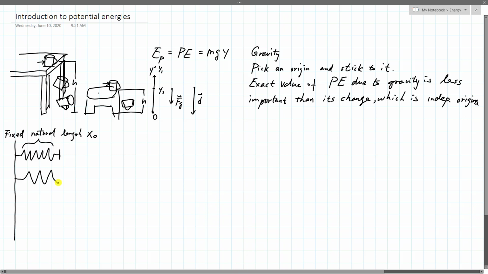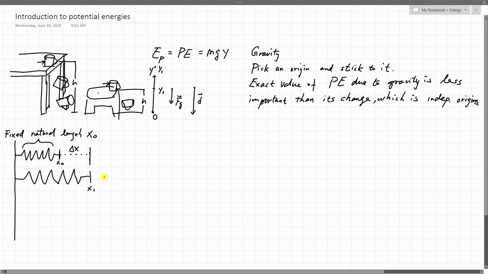I think I drew the same number of coils. So here's x1, here's x0. The difference between the lengths is delta x. Say we define this as positive for stretching.